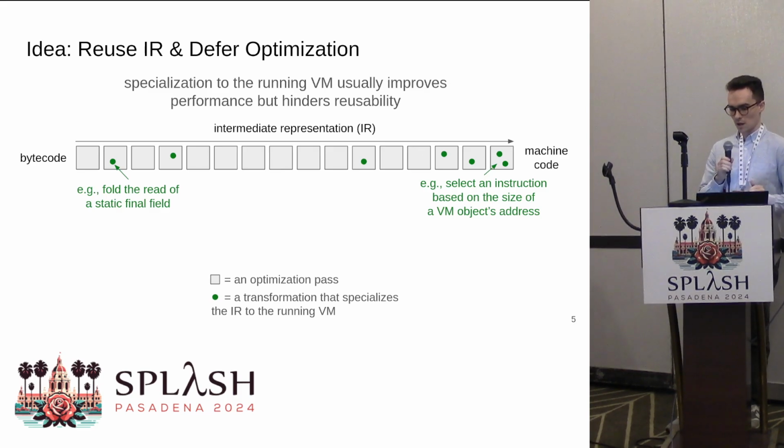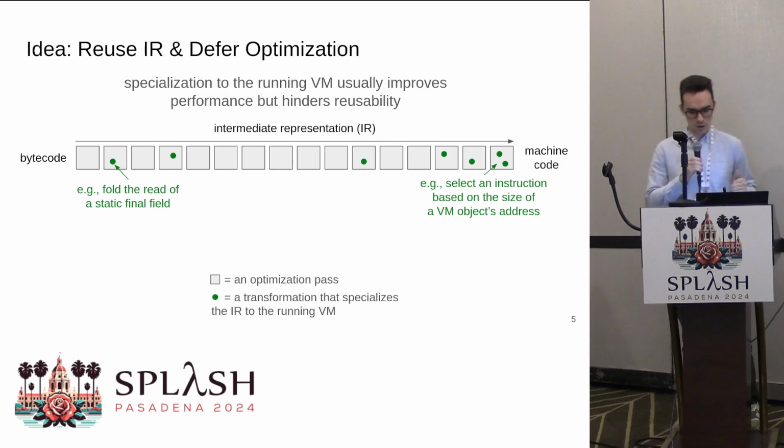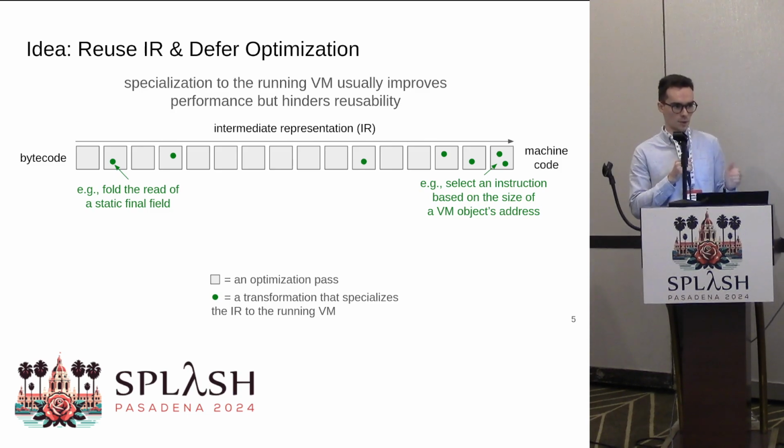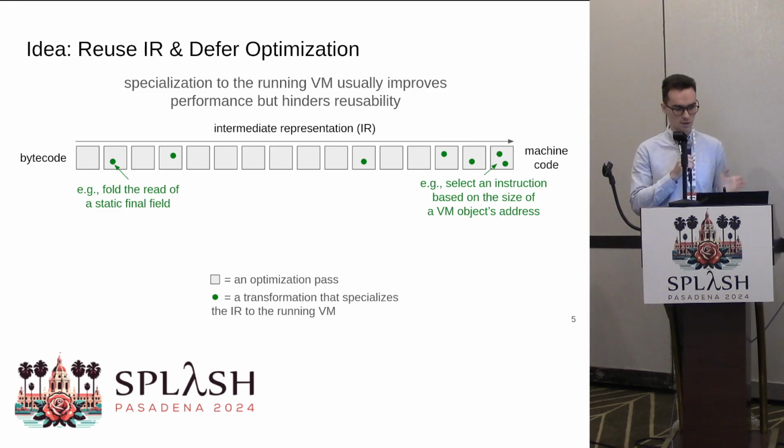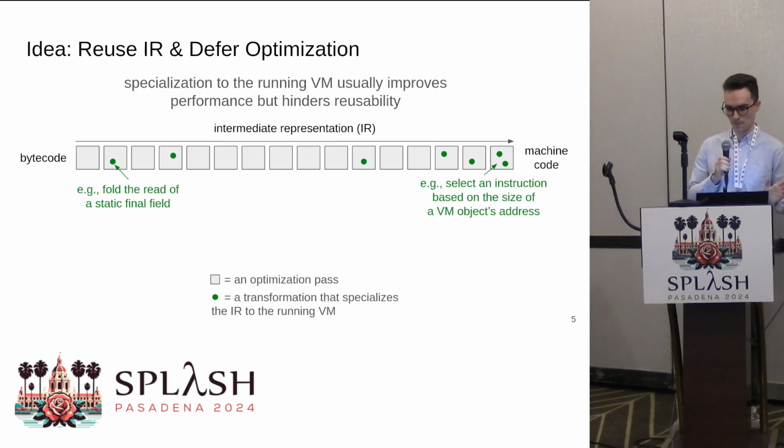The individual optimization passes apply many transformations, some of which make the IR more specialized to that particular running VM instance, which is often great because it improves performance, but it makes the code non-reusable. At the beginning, it could be something like folding the read of a static final field.